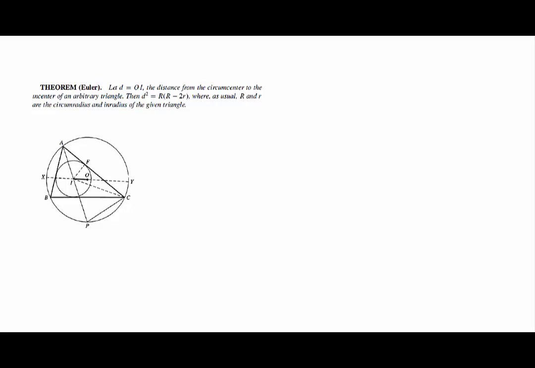It says that if we let d be OI, the distance from the circumcenter to the incenter of an arbitrary triangle, then d squared, the square of the distance between the center of the circumcircle and the center of the incircle, is equal to R times big R minus 2 little r, where big R is the circumradius and little r is the inradius.